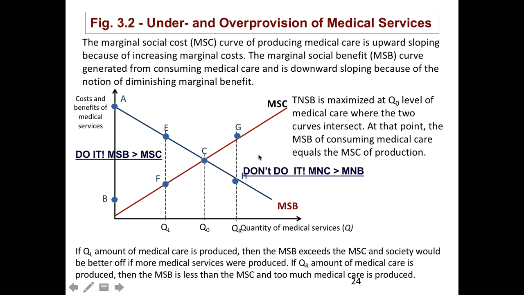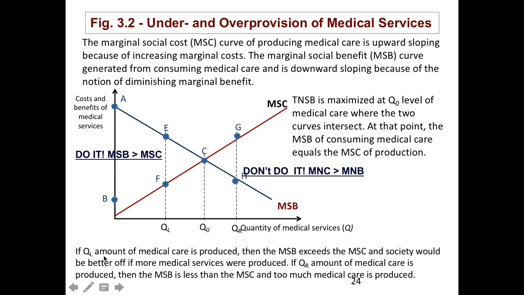Above that, by producing more medical services, the marginal social cost is increasing and this distance is becoming greater and greater, meaning our costs are increasing and our benefits are decreasing because of diminishing marginal utility. Therefore, there is no point in increasing the medical services, and this is the optimal point we have to produce.